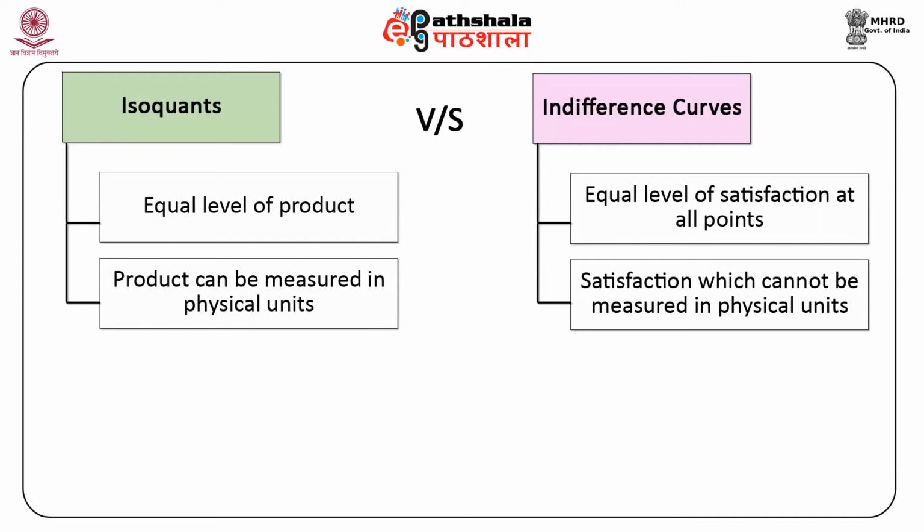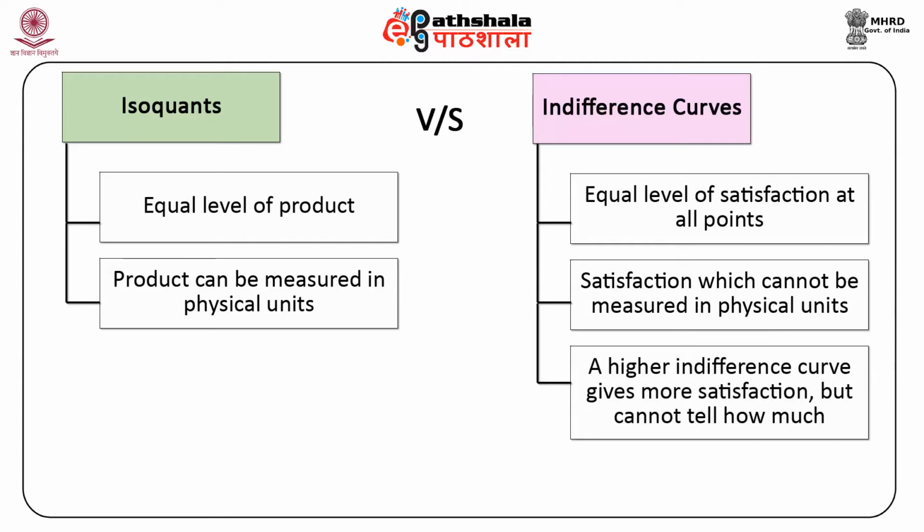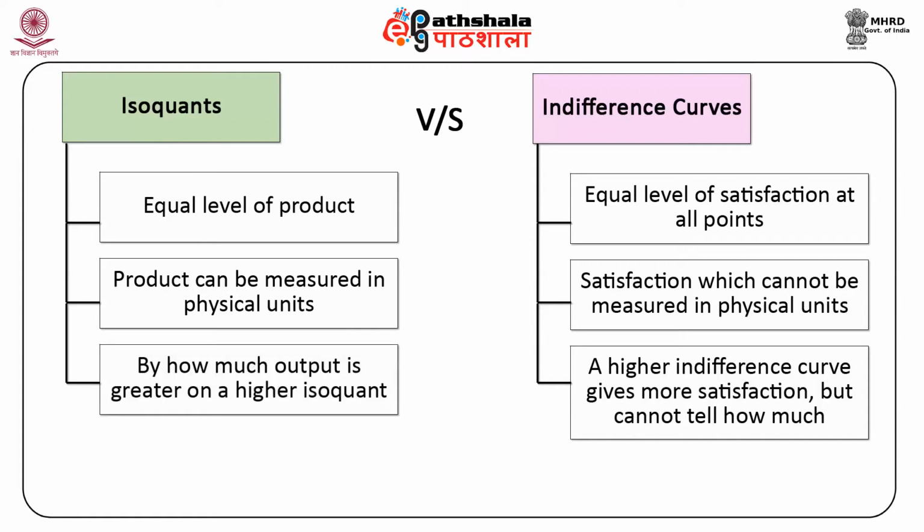Secondly, on an indifference map, one can only say that a higher indifference curve gives more satisfaction than a lower one. But it cannot be said how much more or less satisfaction is being derived from one indifference curve as compared to the other, whereas one can easily tell by how much output is greater on a higher isoquant in comparison with a lower isoquant.